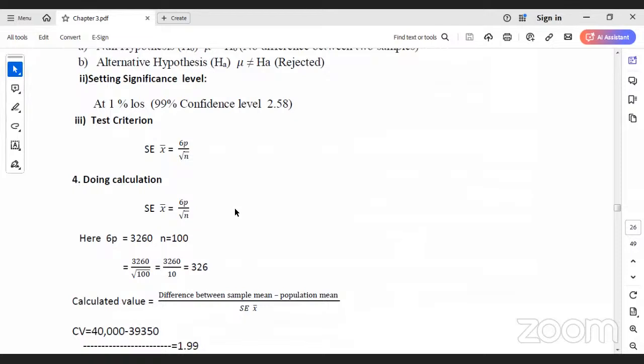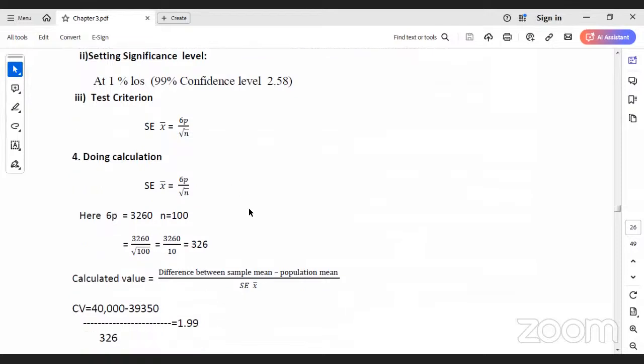That is 3260 divided by root 100. So 3260 by 10 is equal to 326. This is the value we got: standard error of x bar is equal to 326.